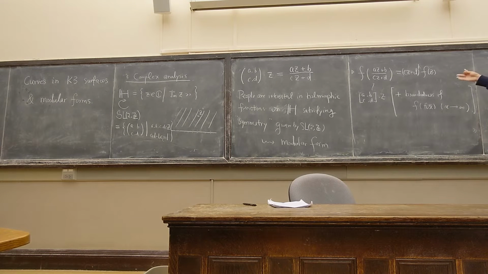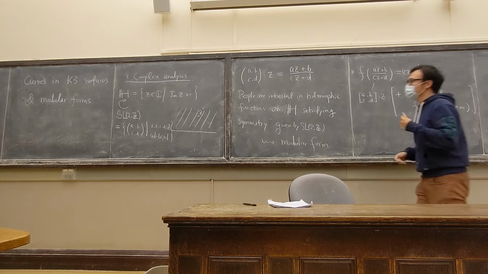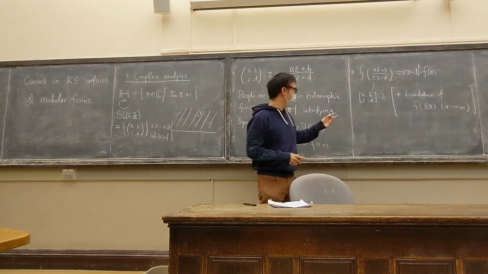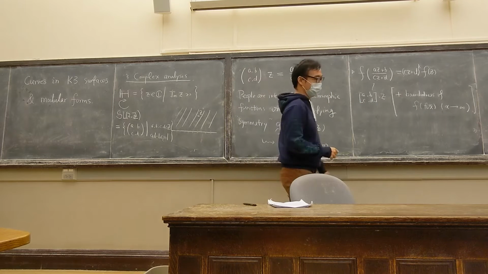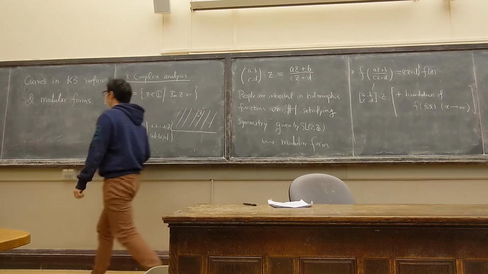Okay, so how do you find these kind of functions? It's a very natural question. How do you find these kind of functions? For doing so, we can take a special element from SL2Z.